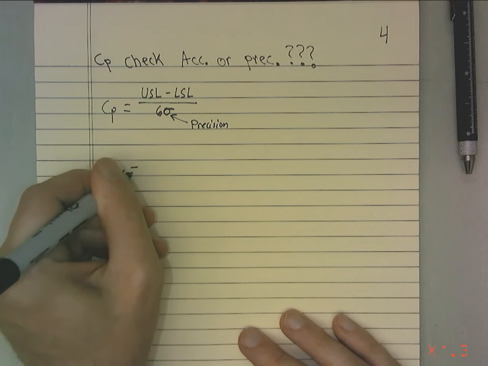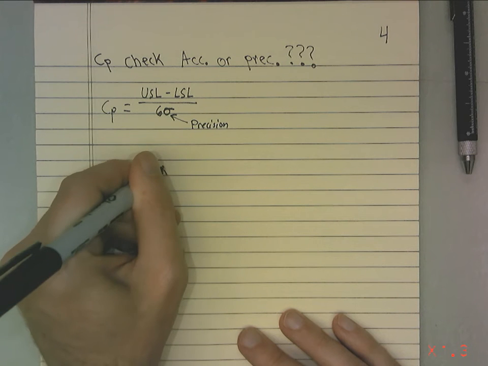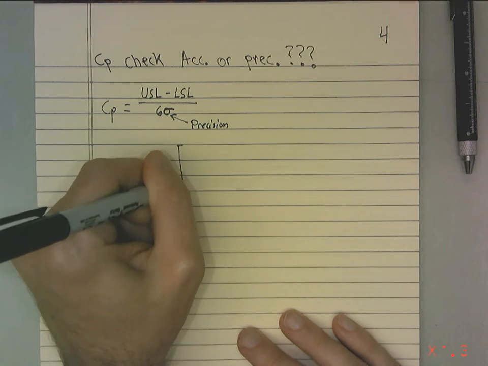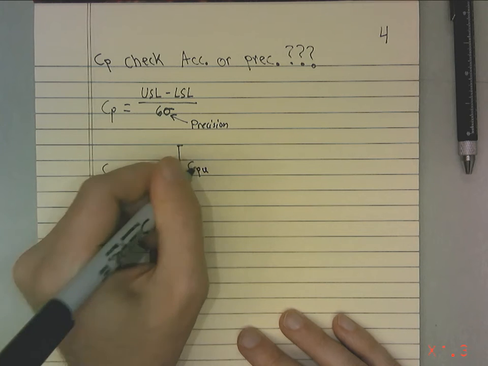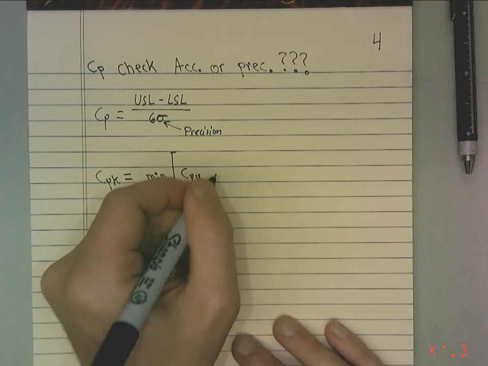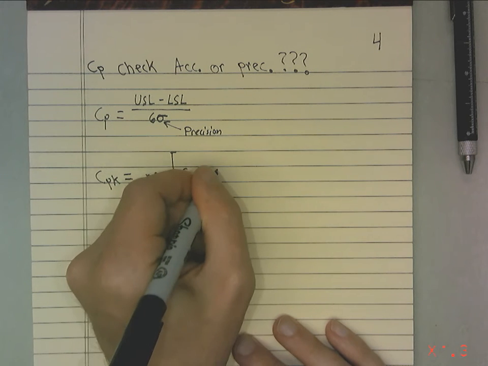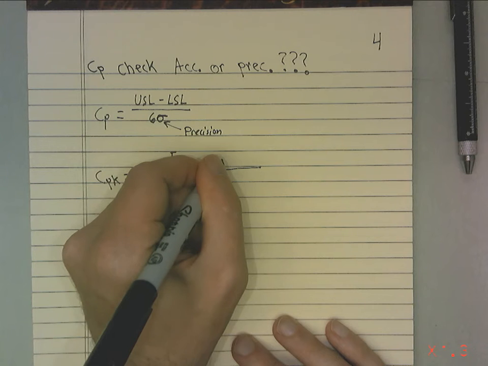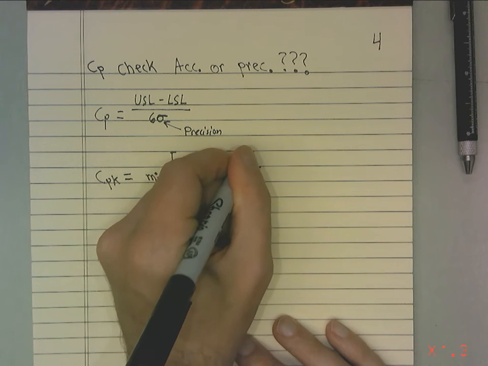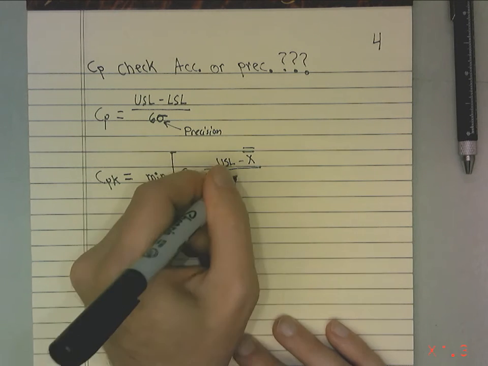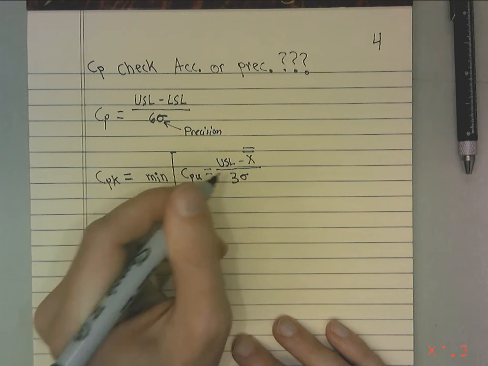This is essentially the same idea, except we're going to do a minimum function, and we're going to do a CPU for upper, and it's going to equal our upper specification limit minus our process average over 3 sigma.